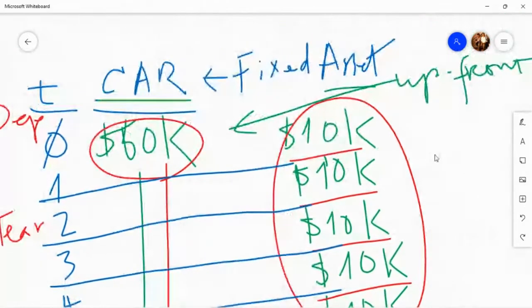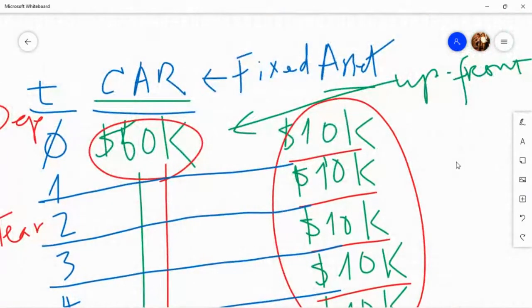But think about it. If you paid $50K upfront, and when I say you, it means the company, not you, an individual. Forget about individual. We're talking about corporate finance, right? So this car is owned by the company. They paid $50K at time zero.